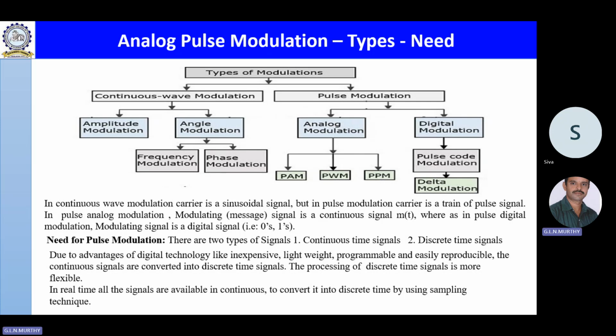In pulse modulation, we are not going to use high frequency signals. That is why pulse modulation techniques come under the category of baseband modulation techniques. Baseband means modulation is performed at relatively low frequency.